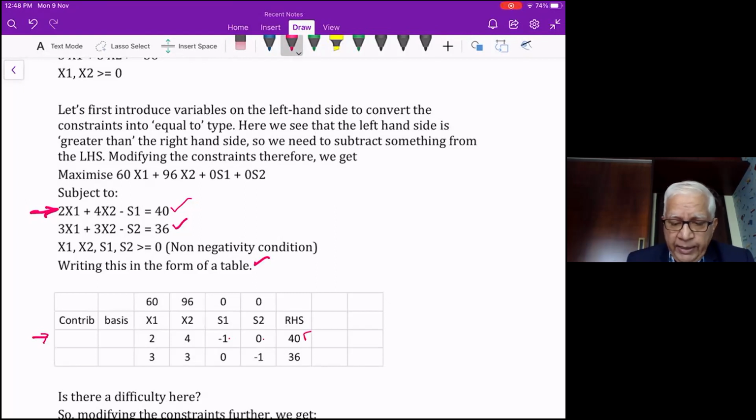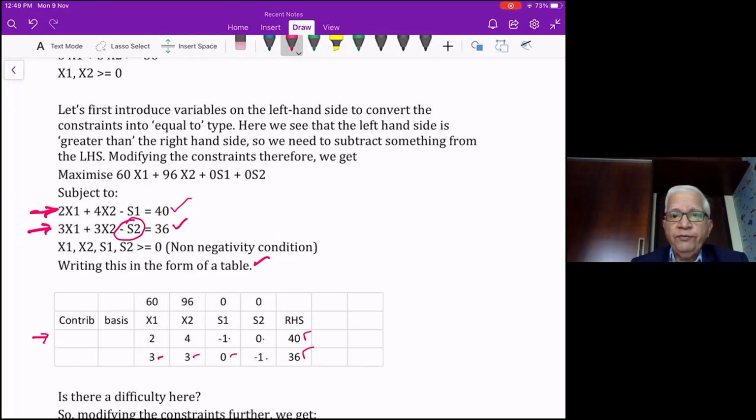Second constraint, similarly, it has got minus s2, so I'm writing 3x1, 3x2, no s1 in the second constraint, and s2 comes with a coefficient minus 1. So minus 1 under the s2 column, and the right hand side of the equation is 36.